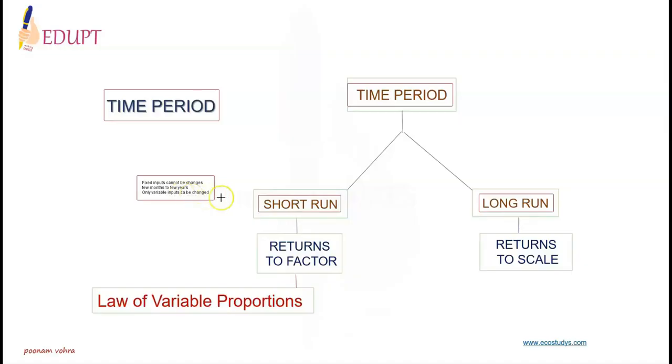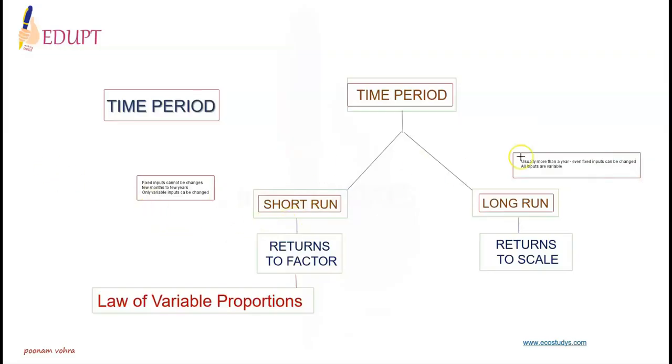Only variable inputs can be changed. Whereas long run is the time period, usually more than a year, over which even fixed inputs can be changed. Therefore, all inputs are variable.